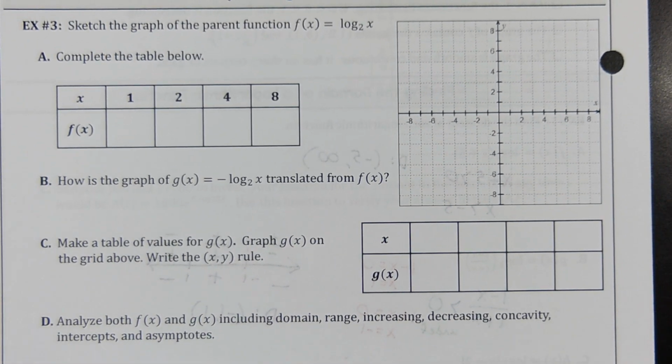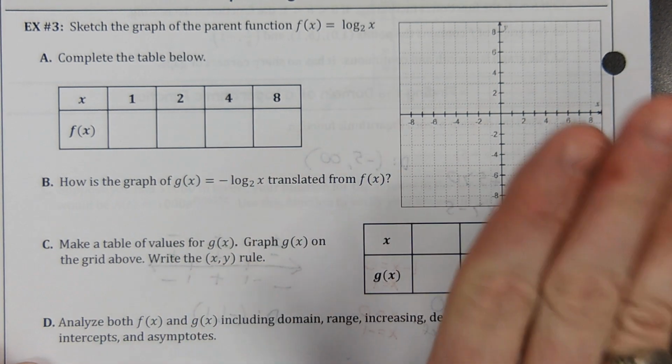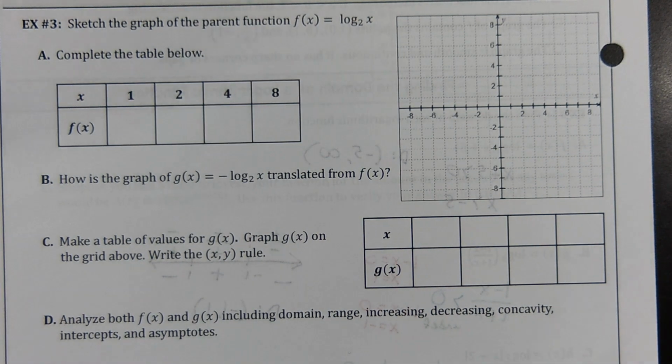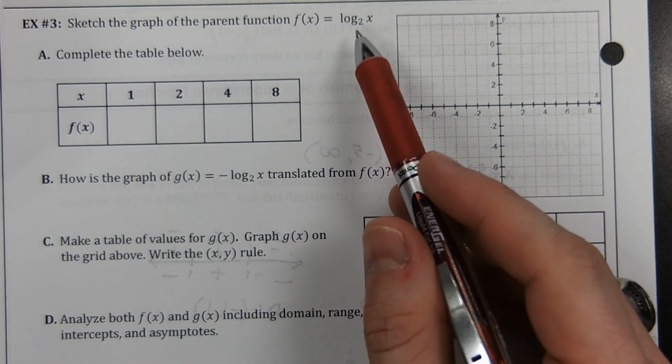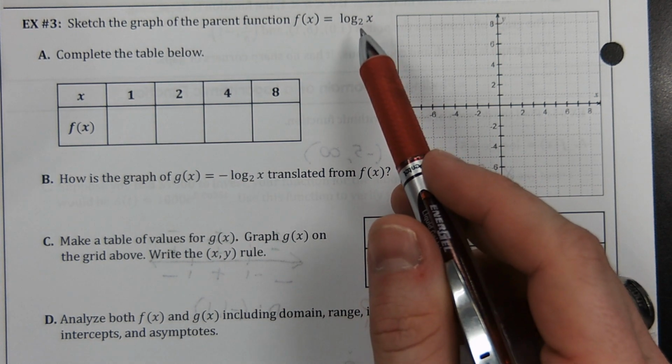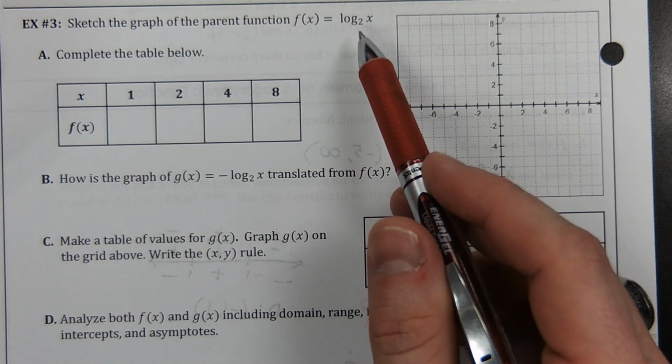We've done this before. We've graphed logarithms. This one is the parent log base 2 graph. We're going to get its values, and we're going to put them on this graph. I'll do it in red and blue. What is log base 2 of 1? Lots of people, please. 0.